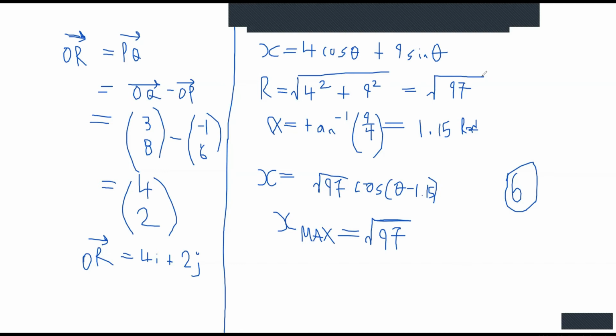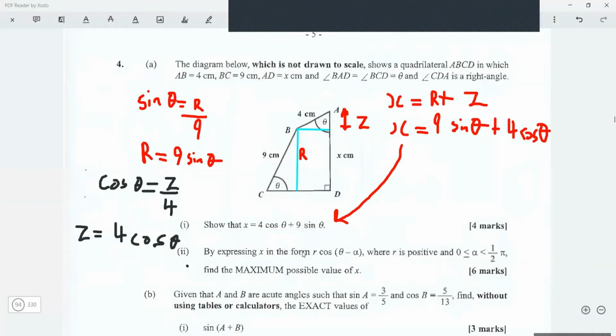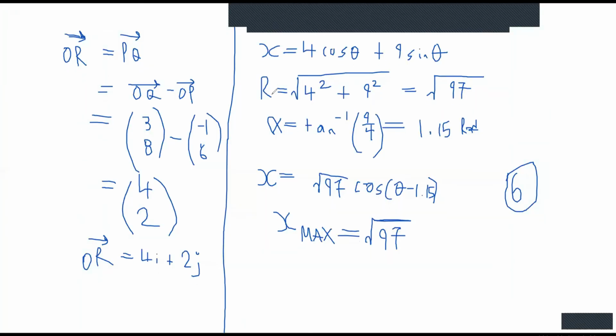All right, no problem. First thing we need to do is express it in the form r cos(theta minus alpha). Cool with this part? To express it in this form, the first thing we need to do is find r.